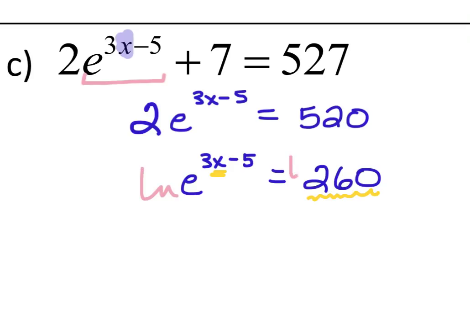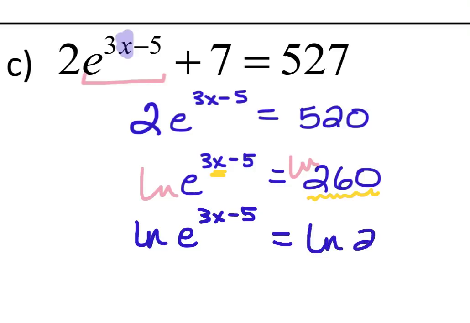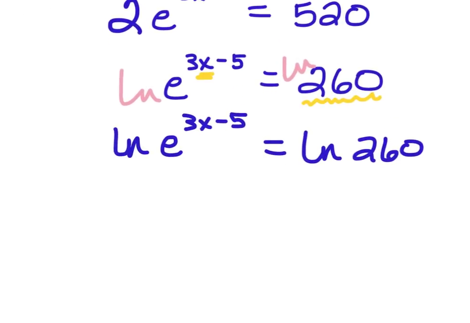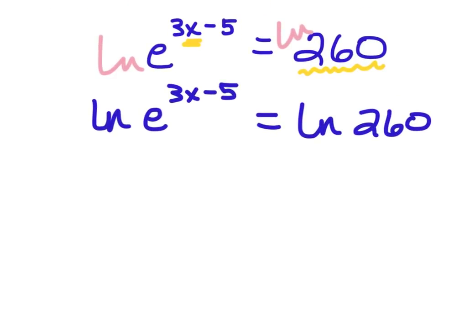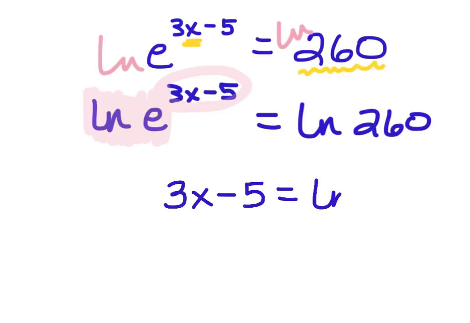So in this case, it's going to be ln of e to the 3x minus 5 equals ln of 260. And you should remember that when you have ln, which is log base e, of e to a power, that whole entire left side of the equation is just the power. So 3x minus 5 equals ln of 260.